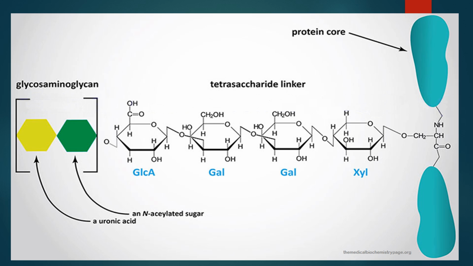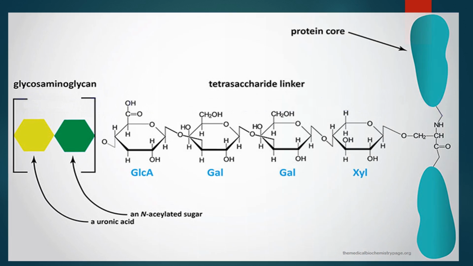Next, this tetrasaccharide linker is further coupled to the protein core through an O-glycosidic bond to a serine or threonine residue in the protein. Simply, we can say that a proteoglycan has a GAG, GlucA, GAL, GAL, XYL, SER protein structure as shown in the figure.